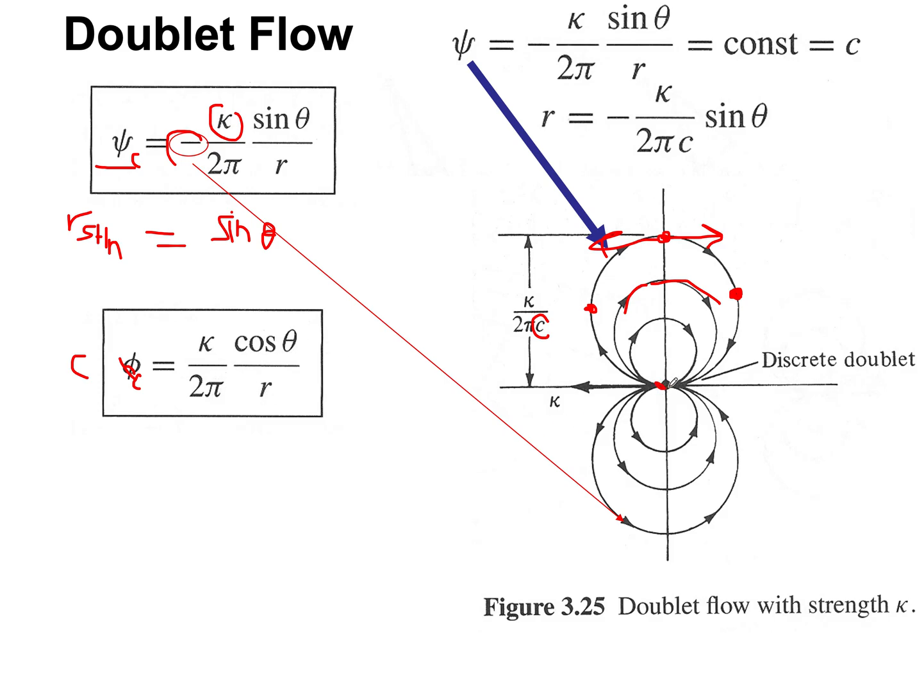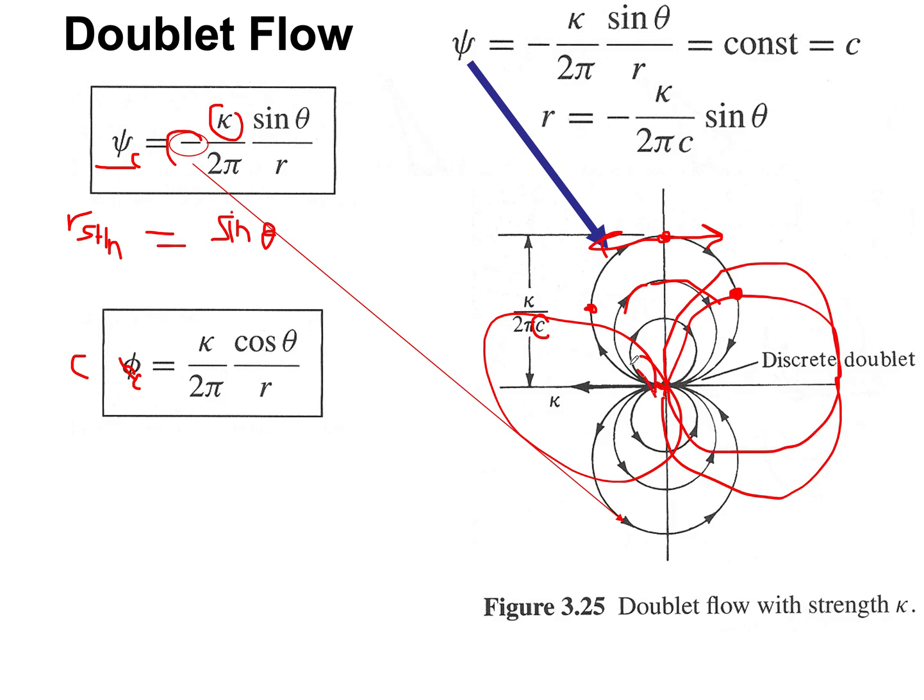The cosine thetas are perpendicular to sine thetas, so you're going to get those tangent circles of reducing radii, and they are perpendicular to each other. If you look at those two lines, they'll be perpendicular. Stream functions and velocity potential lines are perpendicular to each other.